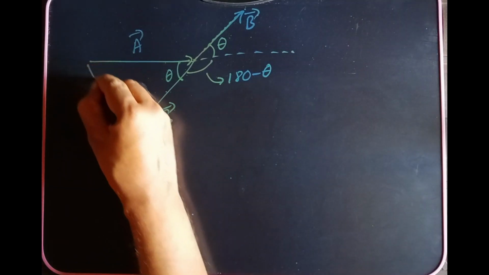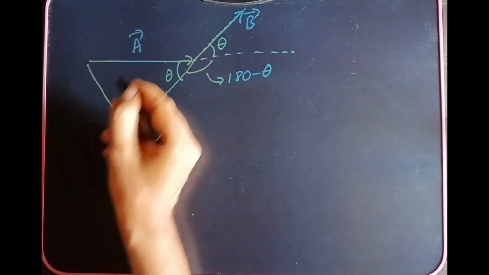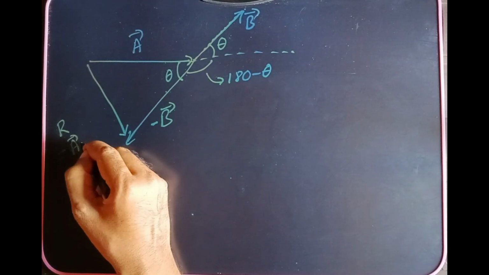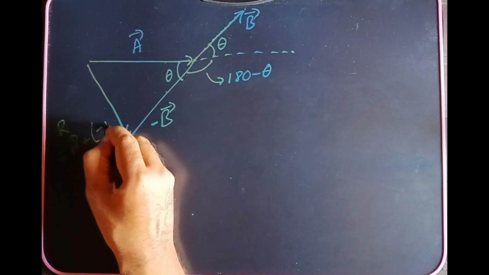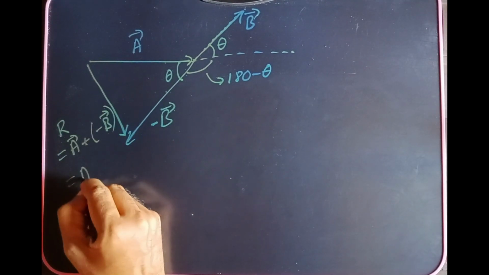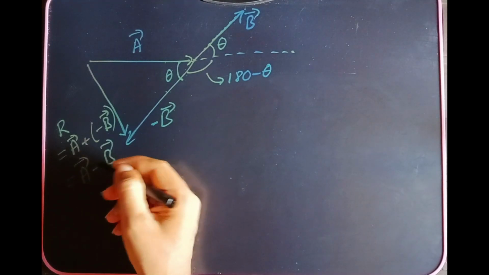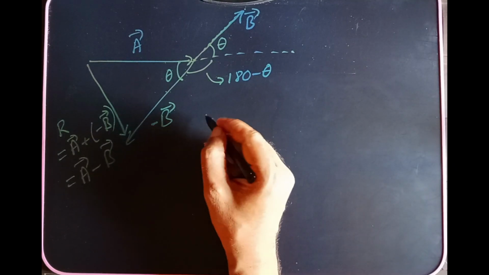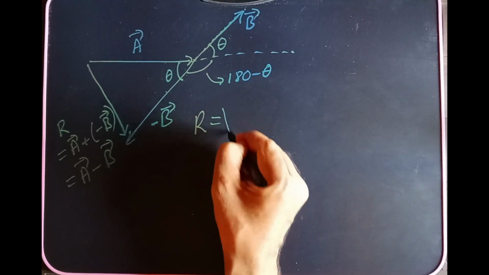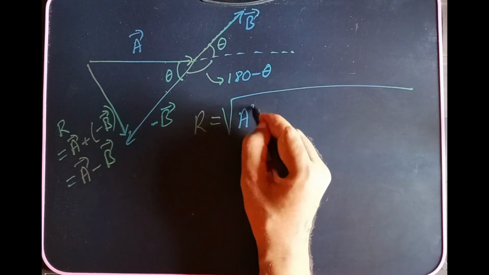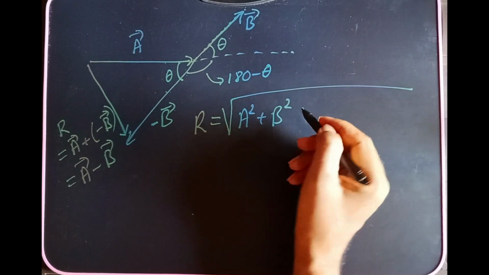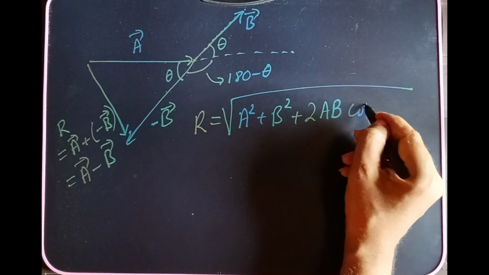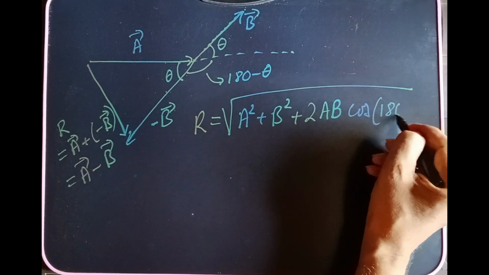So then what will happen to the resultant? The resultant will be the addition of the negative. So the resultant will become equal to A plus minus B. So this can be written as A minus B. But what is the actual magnitude? The actual magnitude will be written as R. The resultant will be equal to the square root of A square plus B square plus 2AB cos of 180 minus theta.